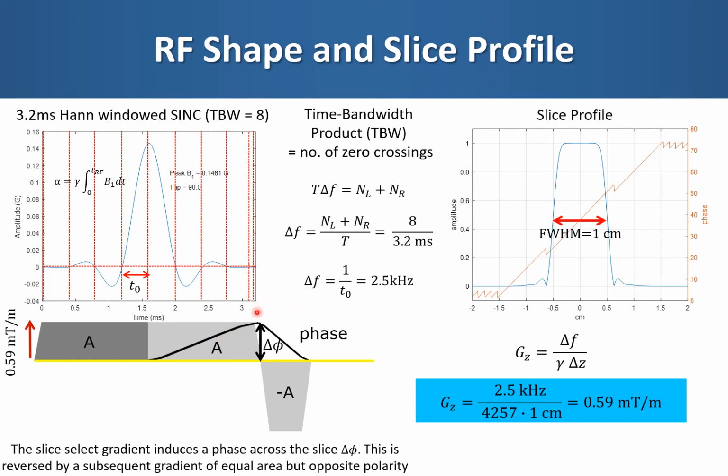In order to eliminate this phase, we need to play out an additional gradient after the slice select pulse with an area which is equal but of opposite polarity. So the area A here must be matched by the area A here.